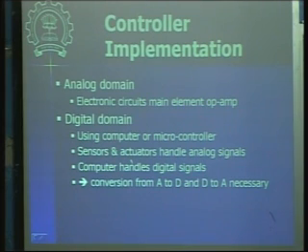In the digital domain, these sensors and actuators are also used, which are in the analog domain. So sensors and actuators signals are in the analog domain, but you are processing your control in the digital domain.